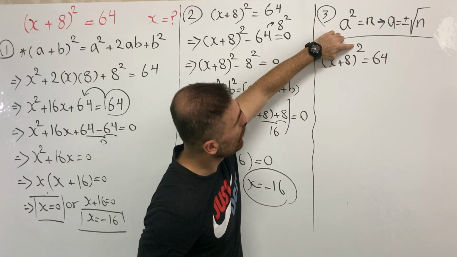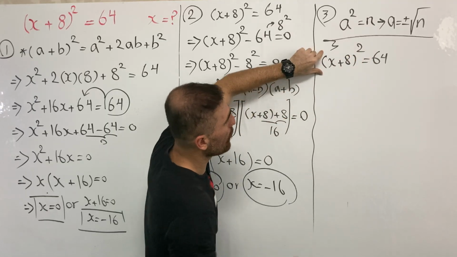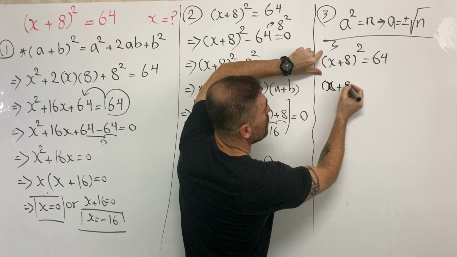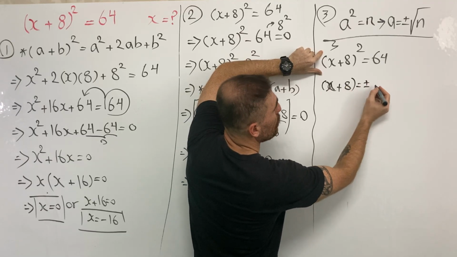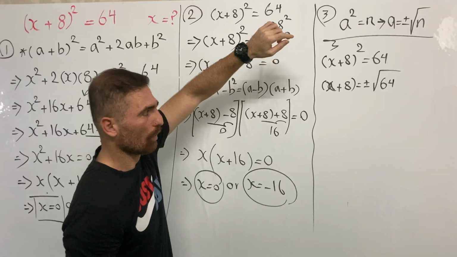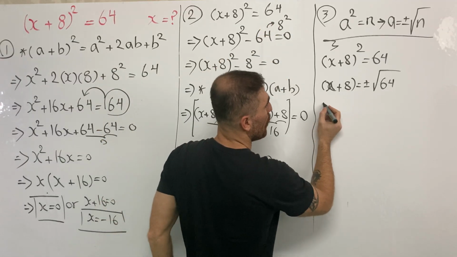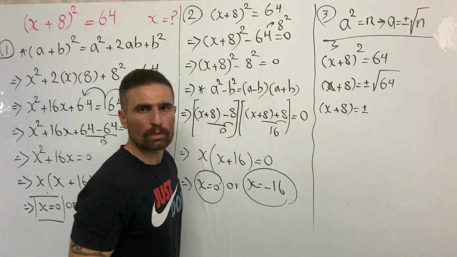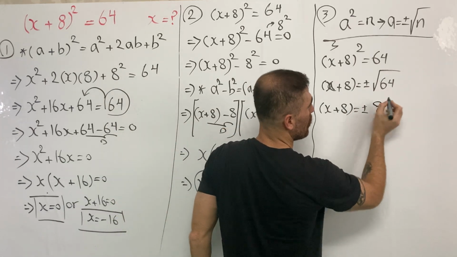a squared is n. So what is a? x plus 8 is going to be positive or negative square root of 64, right? So from here, x plus 8 is going to be positive or negative square root of 64, or 8.